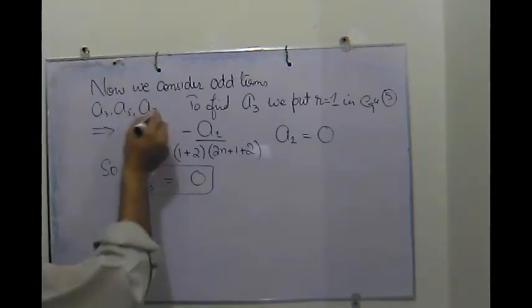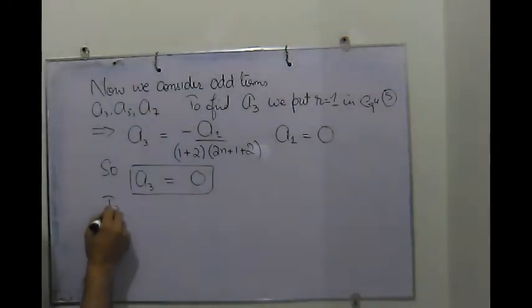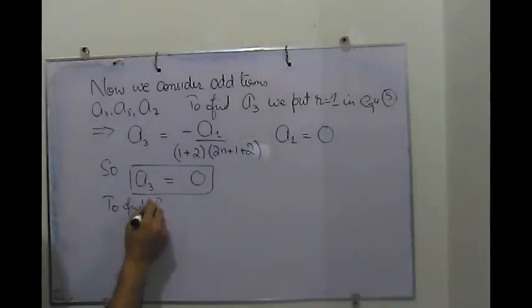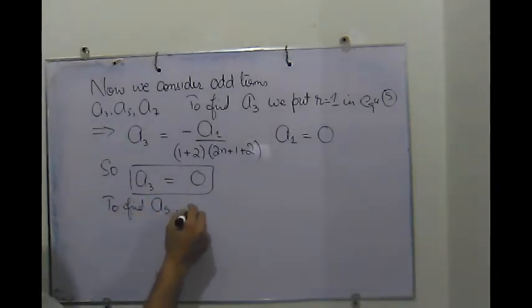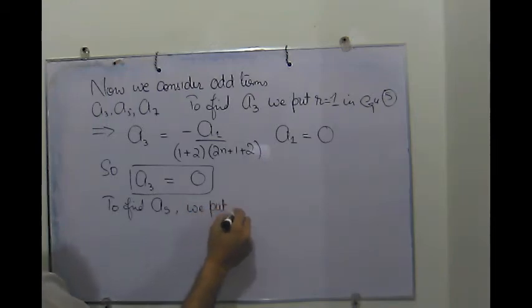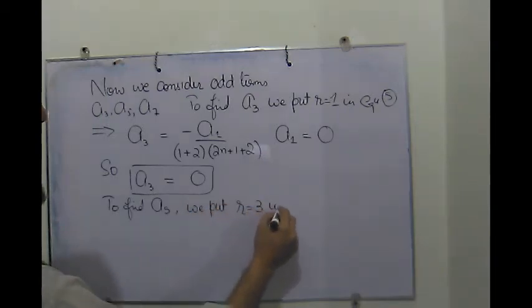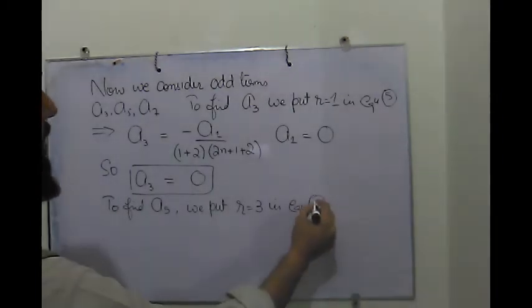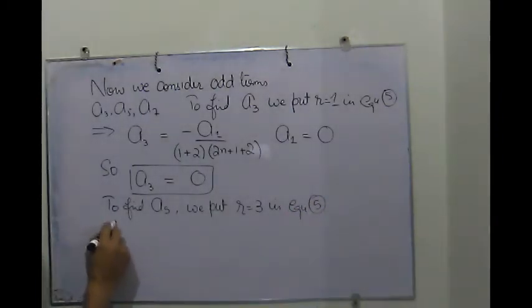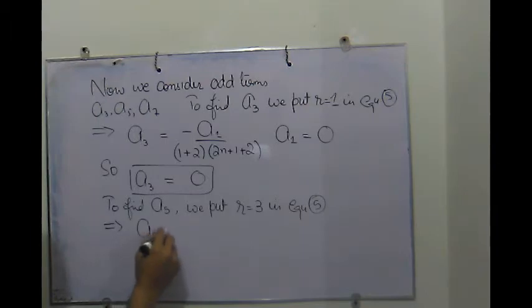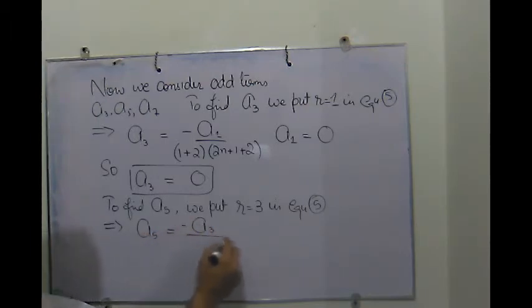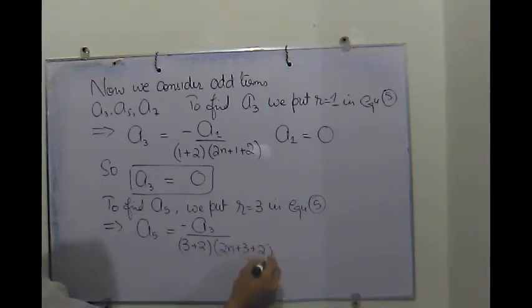So to find a5, we put r is equal to 3 in equation 5. So equation 5 will become a5 equals minus a3 upon 3 plus 2, r is equal to 3, and 2n plus 3 plus 2.